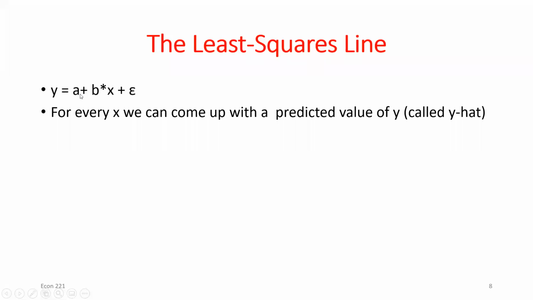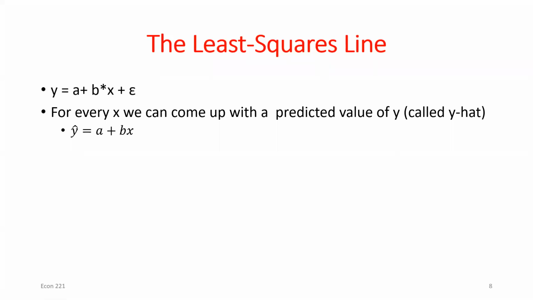Even once we have those estimates for A and B, we could come up with a predicted Y value. The problem is, for any given observation, we're going to have what we call this error term, or this epsilon. So if I had a bunch of data, I could try to estimate the effect of years of education on someone's income. My Y variable there is income, and my X variable is years of education.